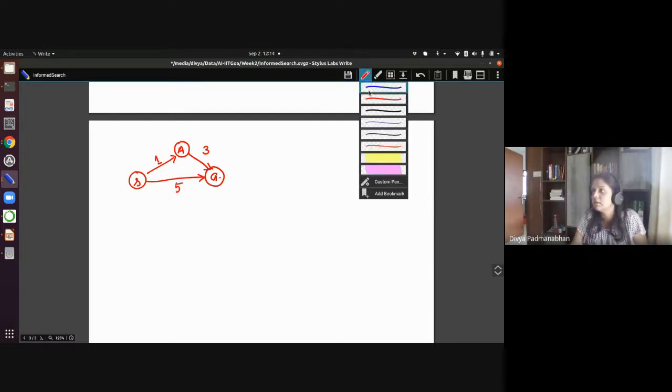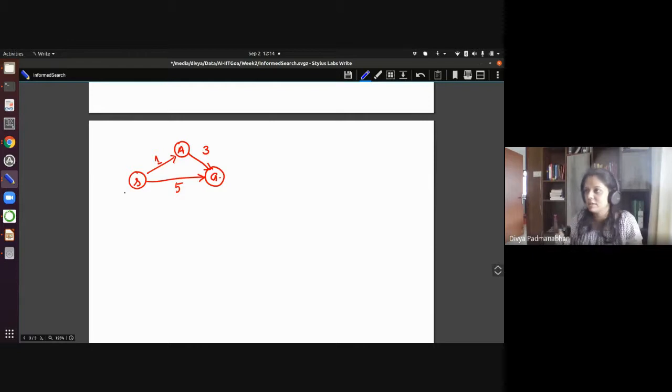I interchanged the colors, but hope you don't get confused. For the goal state, suppose I say h is 0, and for the state A, say h is 6. For the start state, it really doesn't matter because you're not going to use it. First, you're definitely going to pop out the start state, but let's say it is 7.